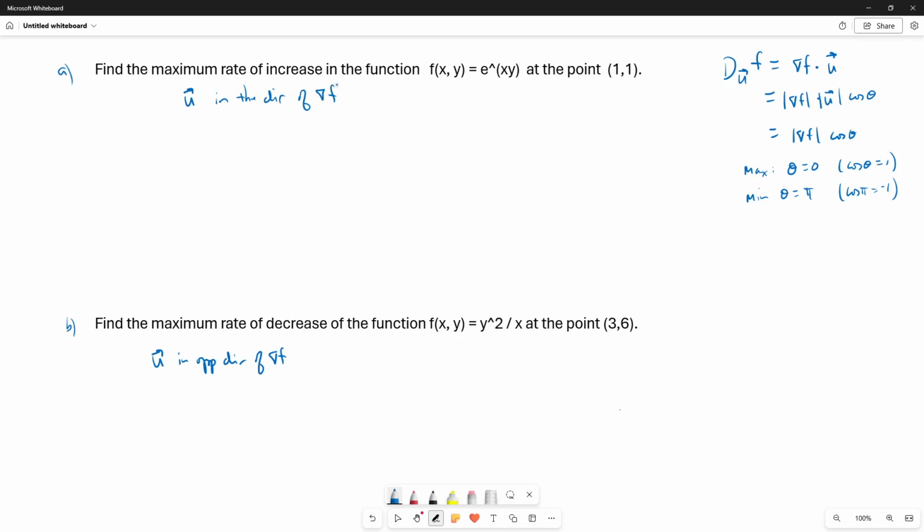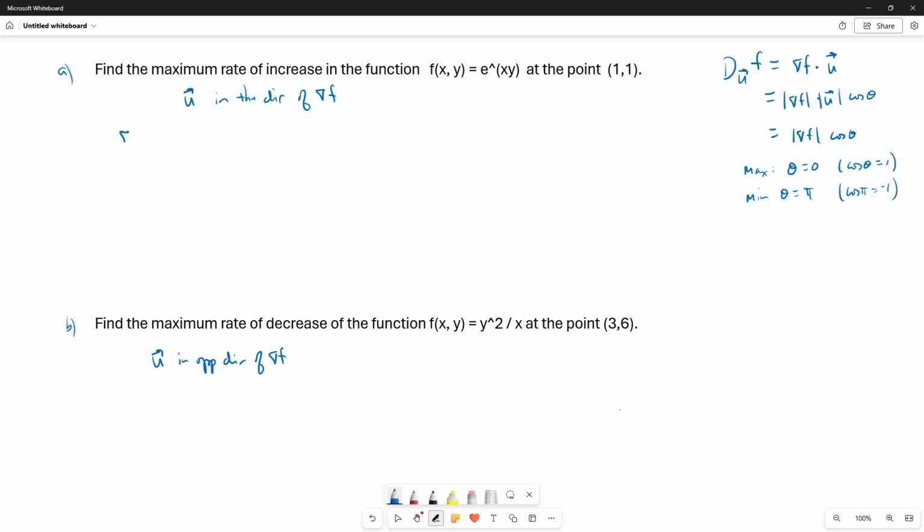Okay, so we have to find the gradient of each function, and then the vector u in the first case will simply be the unit vector in the direction of the gradient, and the vector u in the second case will be the negative of the unit vector in the direction of the gradient, and then we will calculate the directional derivative, and that will be our maximum rate of increase or decrease.